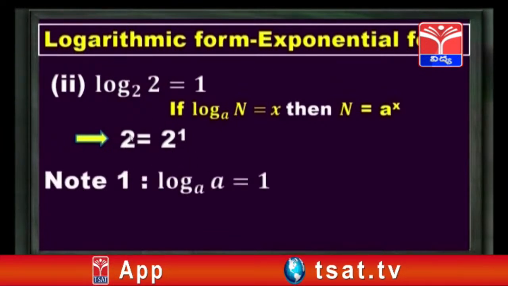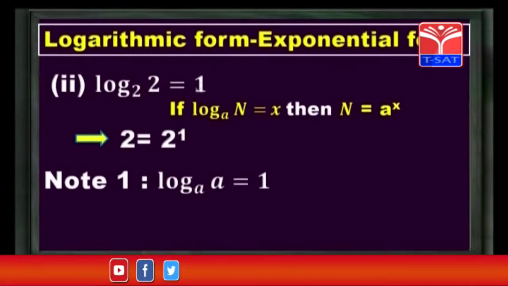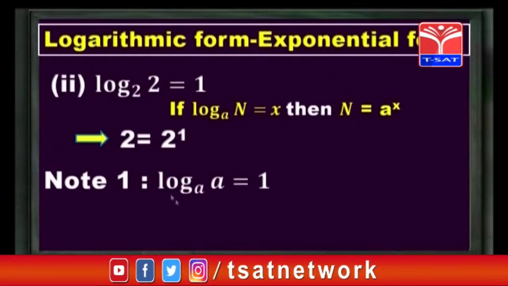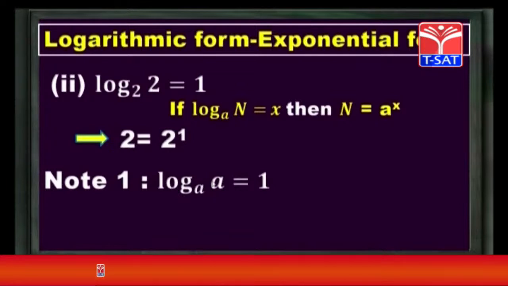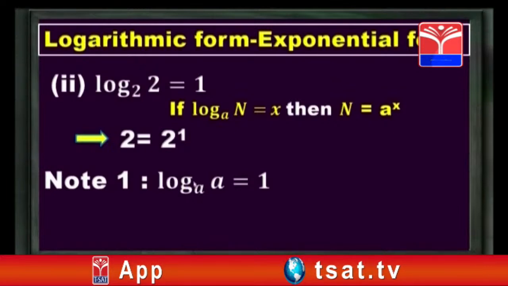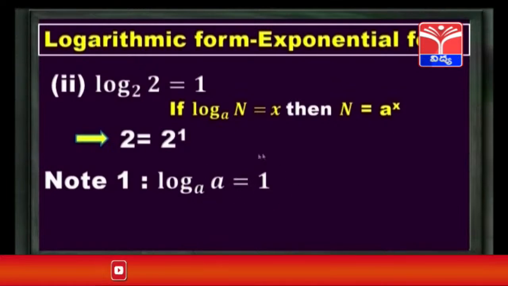So if you replace 2 by a, we can write a note here. If the bases are same, the value of log will become 1. Same way we can generalize this by using log a to the base a is equal to 1. So always if the log value and base value are the same, we can say the value is 1. So this is the proof for that.